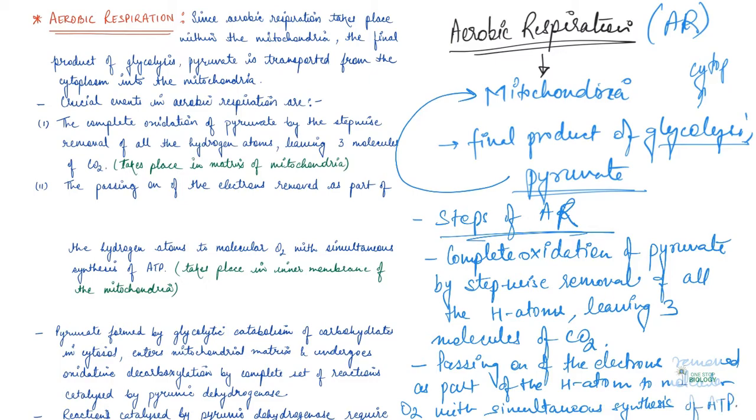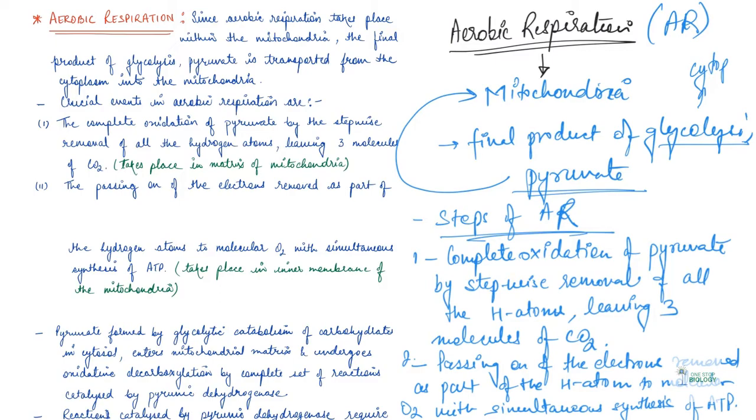So these are the two steps of aerobic respiration, guys. In the first step, there is complete oxidation of pyruvate by stepwise removal of all the hydrogen atoms, leaving three molecules of carbon dioxide. In the second step, there is a passing on of the electrons removed as part of the hydrogen atoms to molecular oxygen with simultaneous synthesis of ATP.